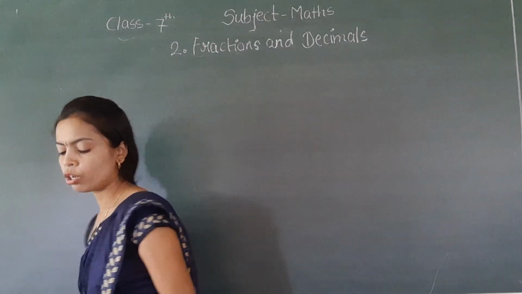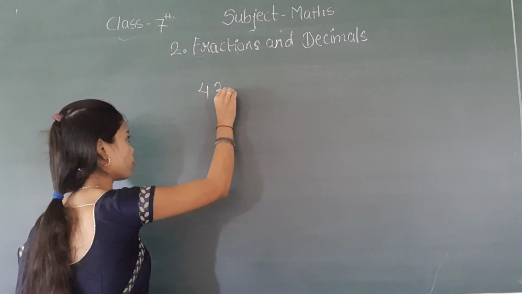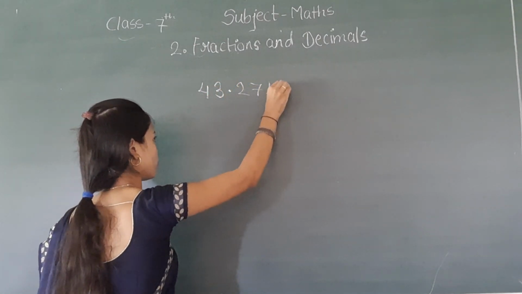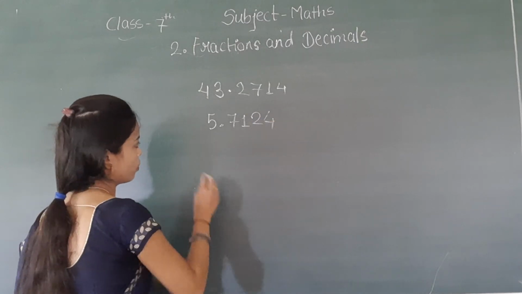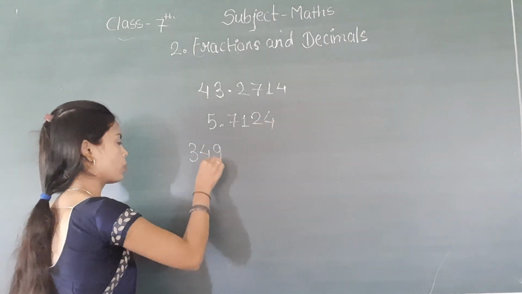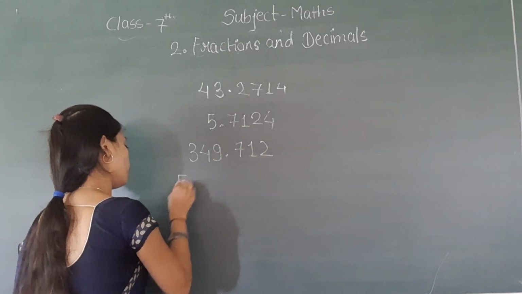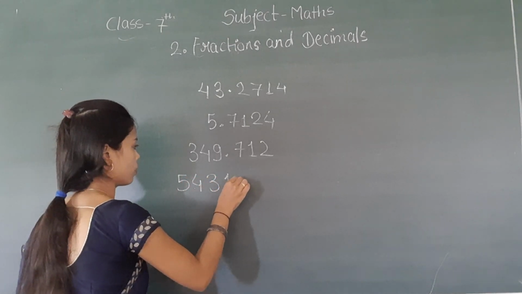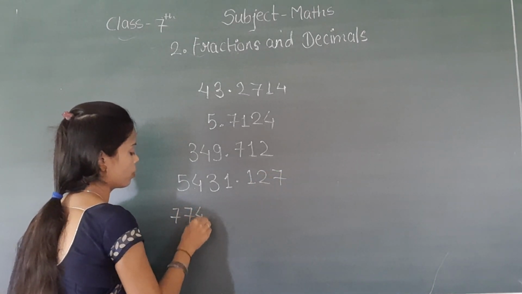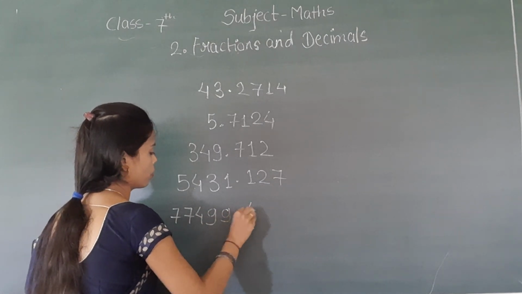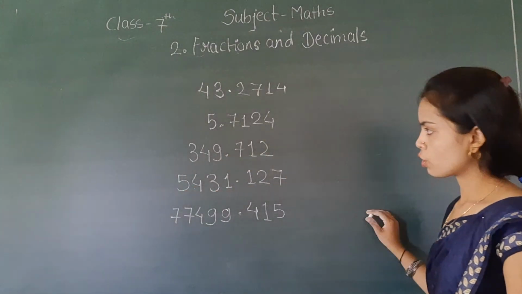Okay, I will write some numbers here, you have to read them. These are 5 examples of decimal numbers.